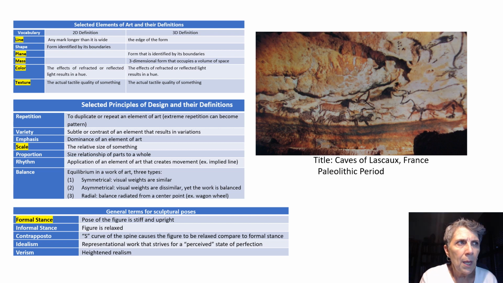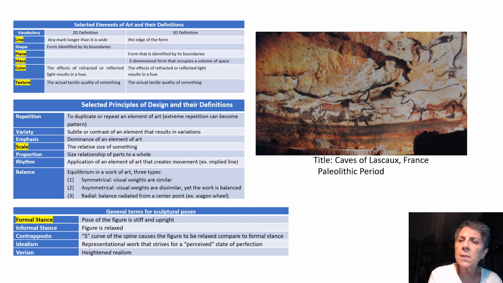Scale. And that's the relative size of something. And we'll get to that right after the case of Glasgow when you see some of the earliest sculptures. Very, very small. And there's a reason for that. And the only other thing I want you to really use in this module is a formal stance.